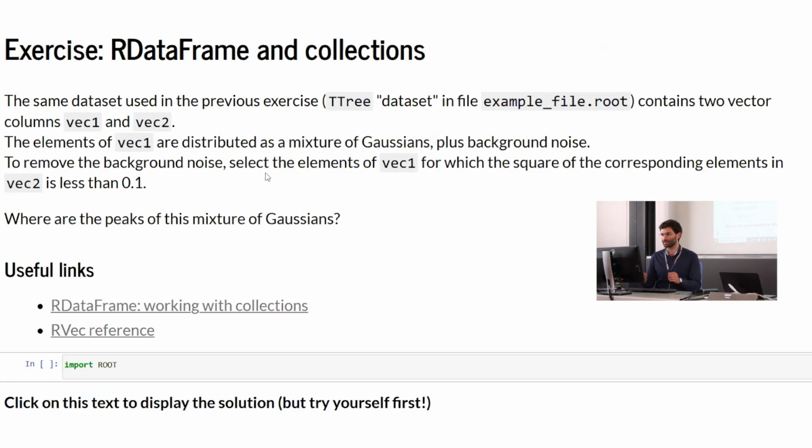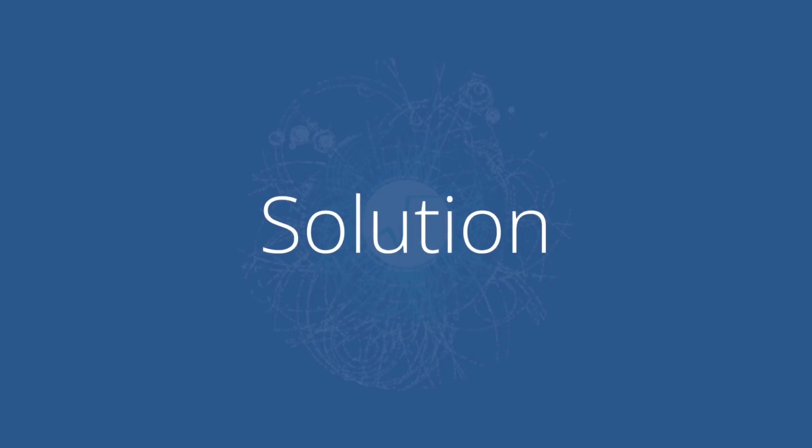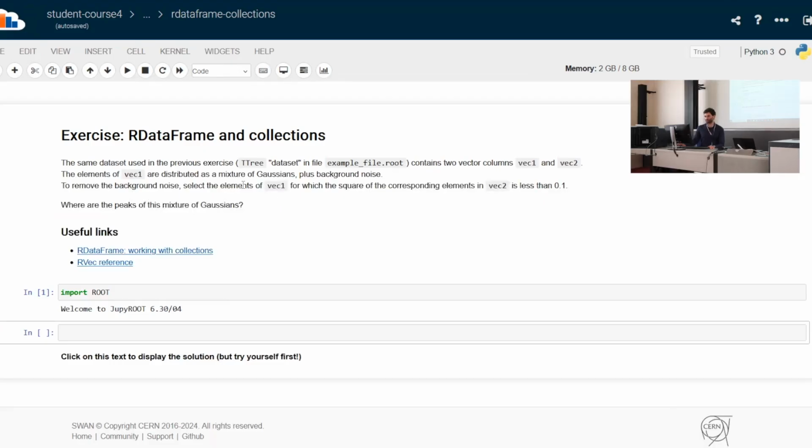In order to do that, you can select the elements of the column vec1 for which the square of the corresponding elements in vec2 is less than 0.1. So the exercise is to perform this selection process in order to then plot the histogram of vec1 that shows the two Gaussian peaks.